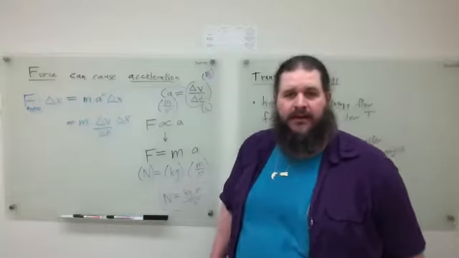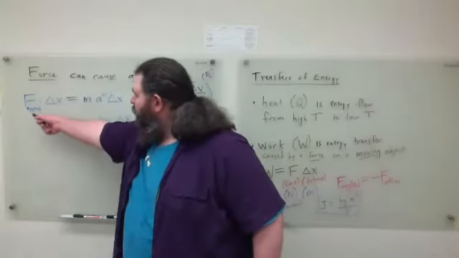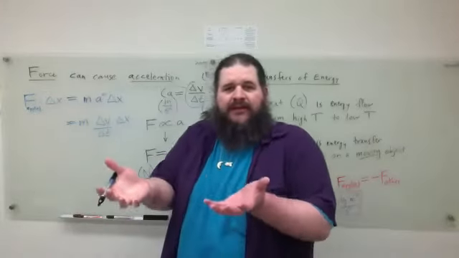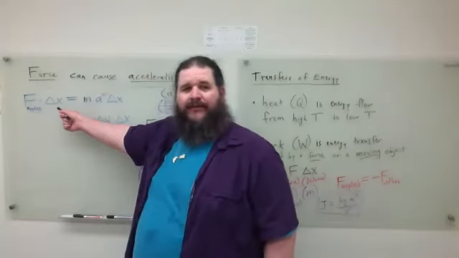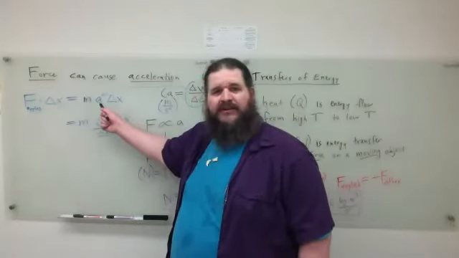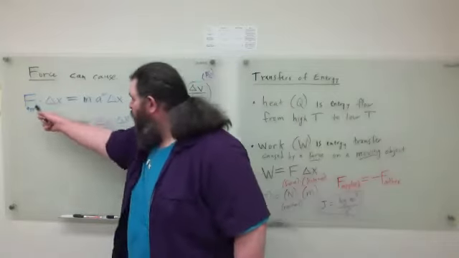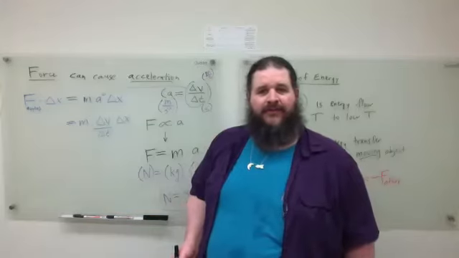Also, going back to the equation in blue, this is saying the applied force, like let's say you're lifting an object. The force you're applying times the distance the object travels equals the mass of the object times the acceleration of the object, since force is mass times acceleration, times the distance traveled.